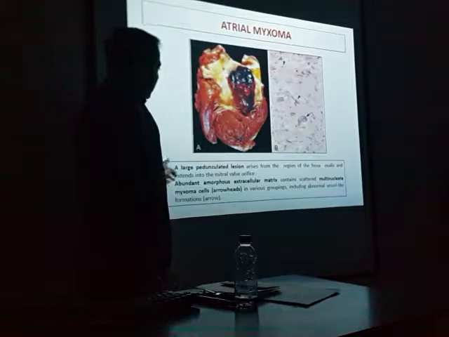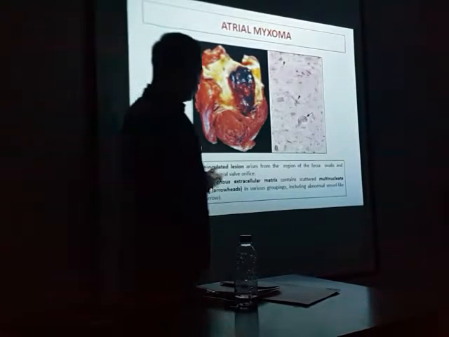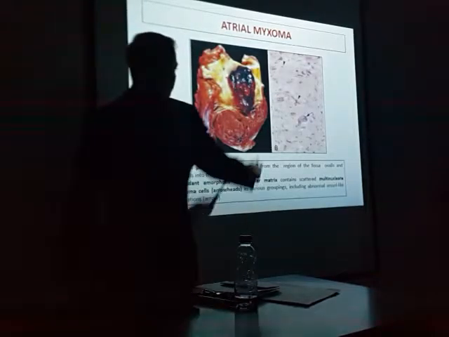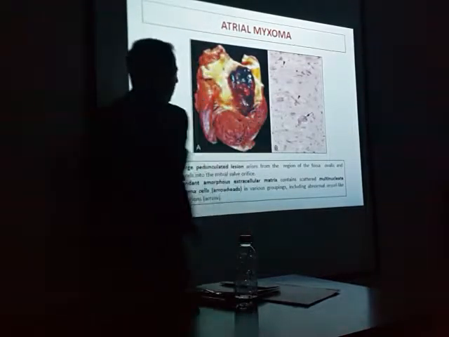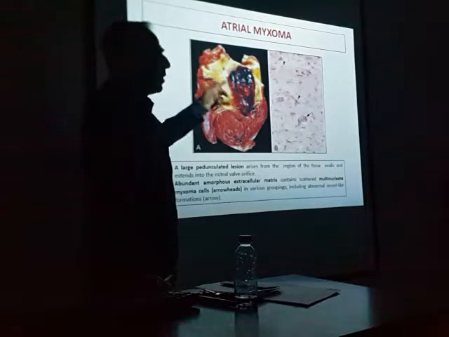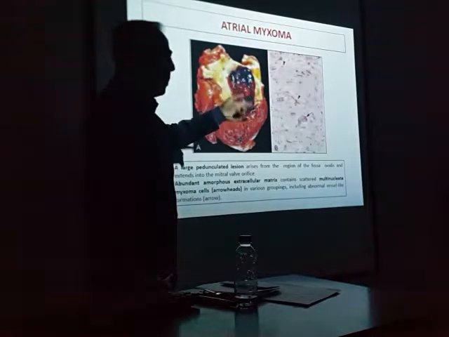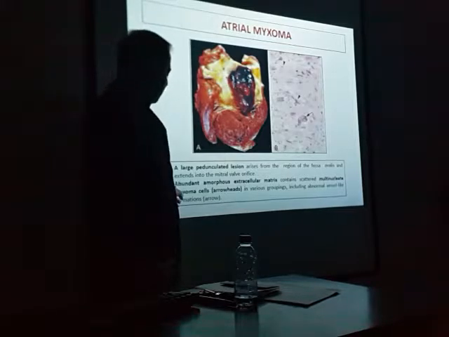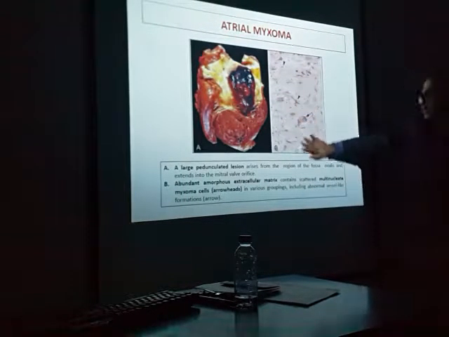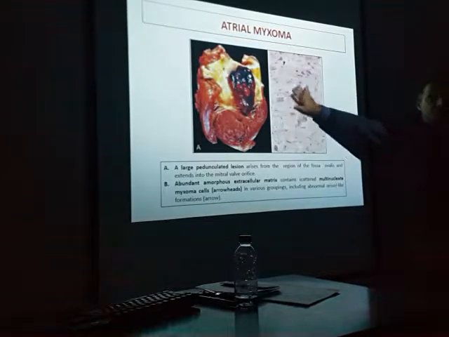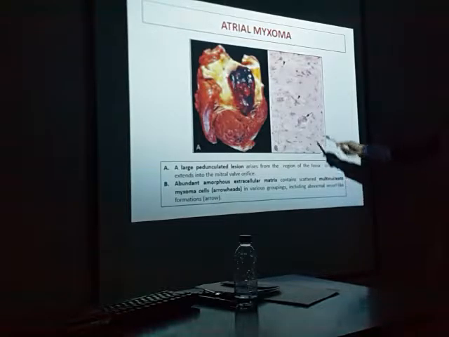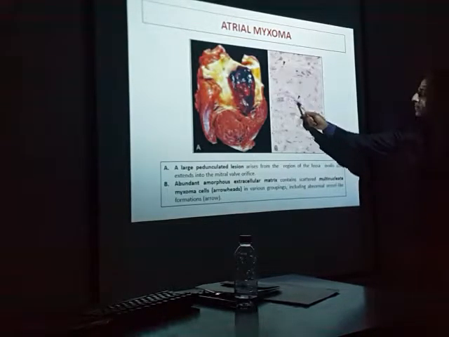Atrial myxoma is a large, pedunculated tumor that arises from the region of the fossa ovalis and extends into the mitral valve. This one. And what will you find microscopically? Myxoid material, myxoma. So you will find abundant amorphous extracellular matrix, the bluish pinkish material, which contains scattered multinucleated cells.